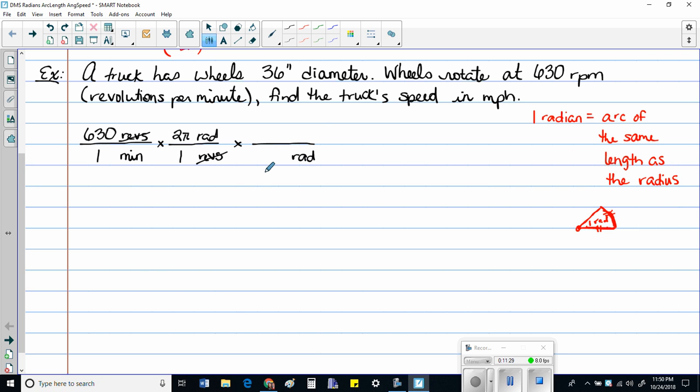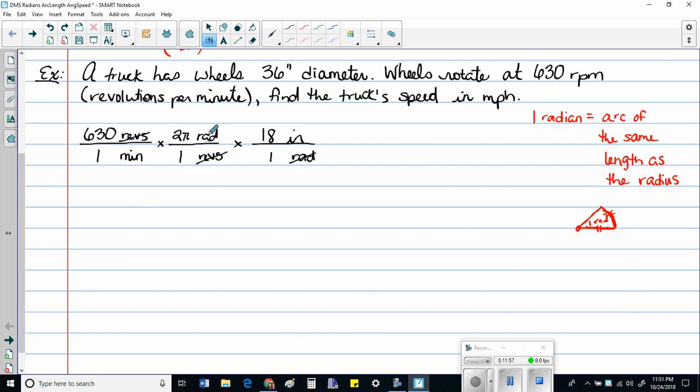Radians are equal to the radius, well, they're proportional. So 1 radian, not pi radians, 1 radian, makes half of the diameter, or the radius. So that would be half of the diameter, which is 18 inches.